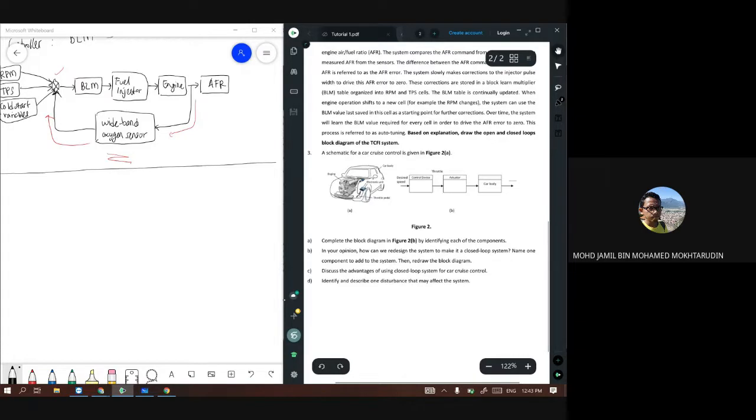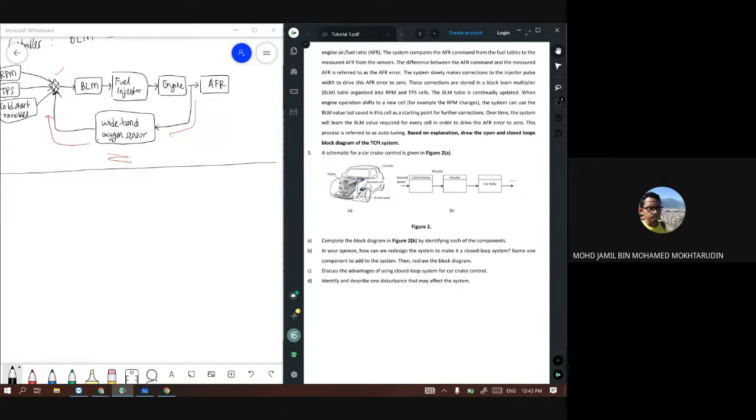We need to identify the control device, the actuator, what the car body represents, and what the dotted line represents, which is the actual thing that we need to measure.